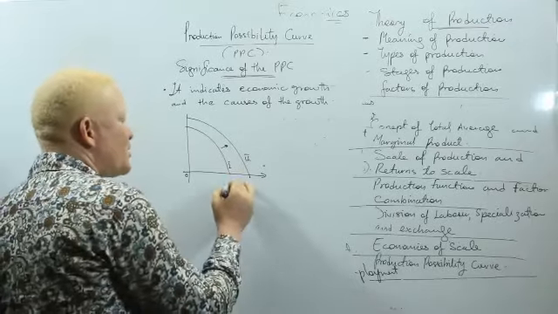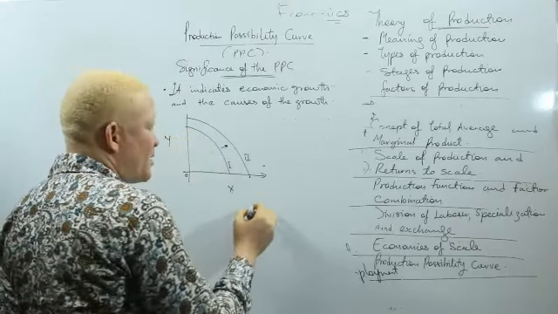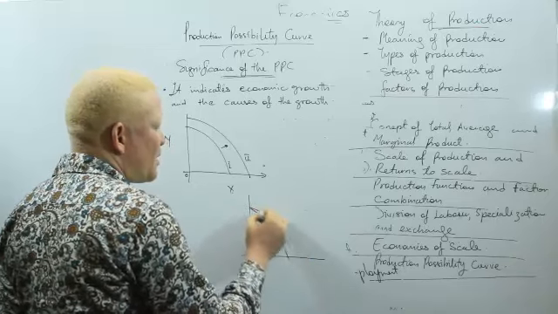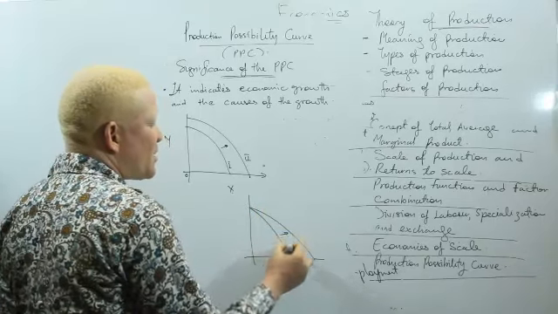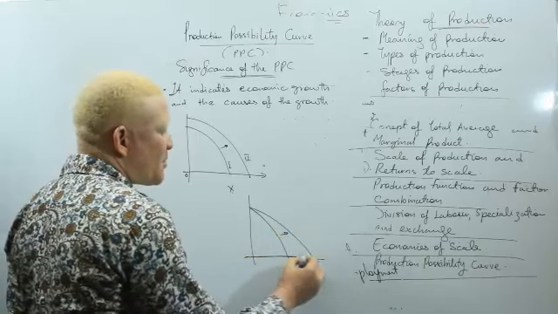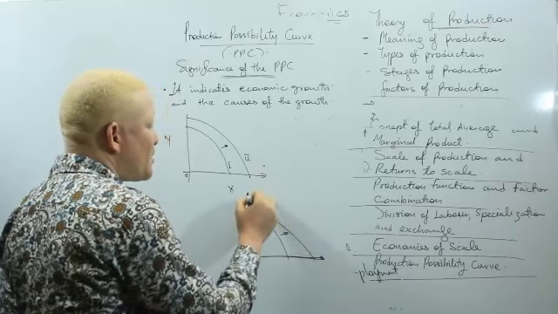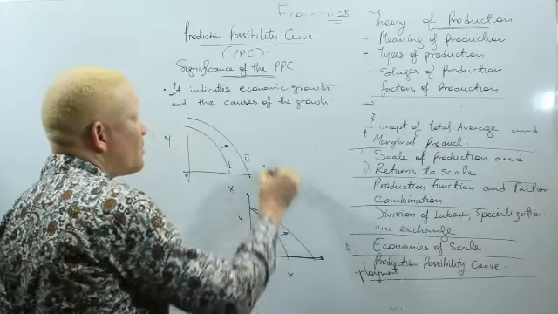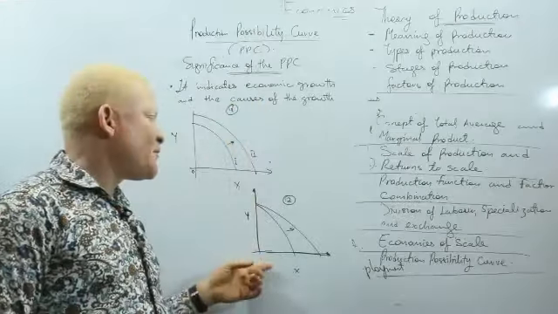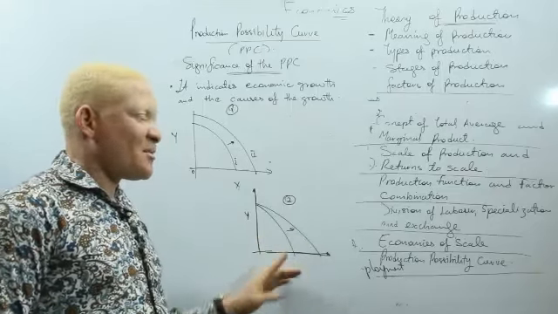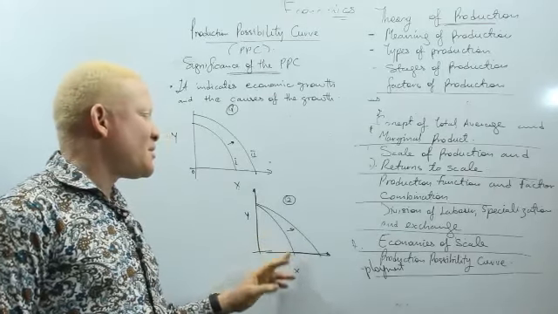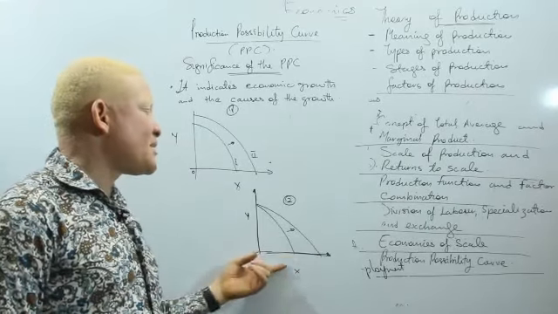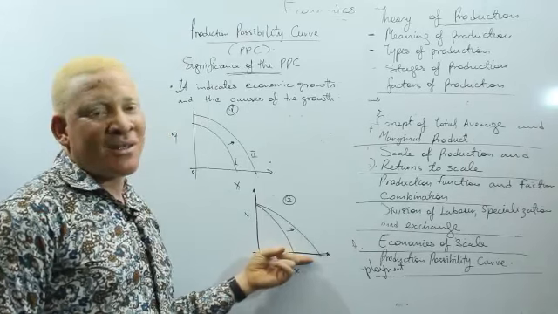Of course, it could be commodity X or commodity Y. In this figure, there's an expansion in the production capacity, but it is only favoring commodity X. For the second figure, there's also a growth, but it is tipped to one side, as a result of increase in technology in the production of this.